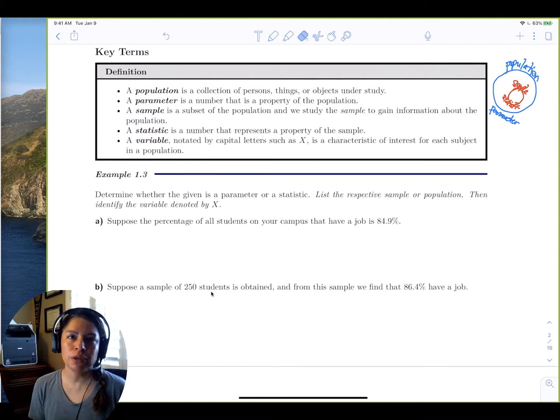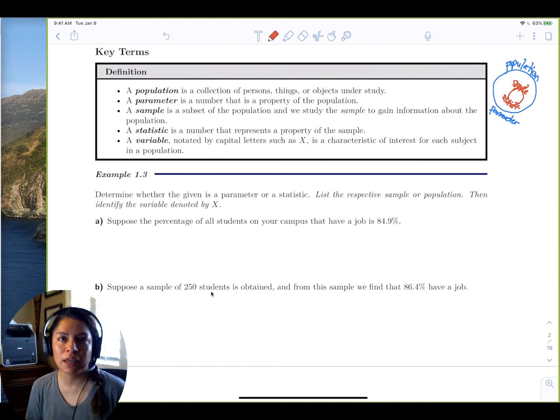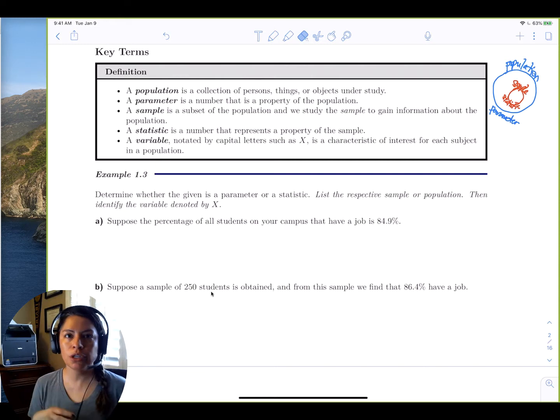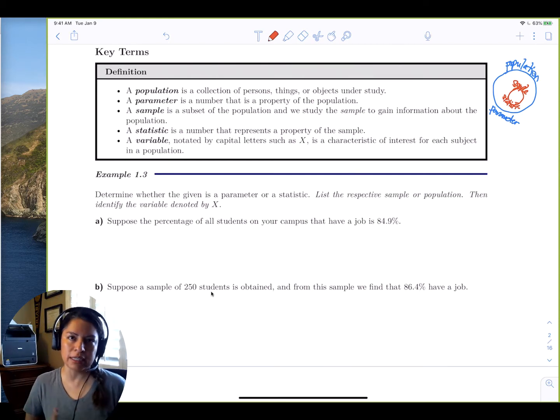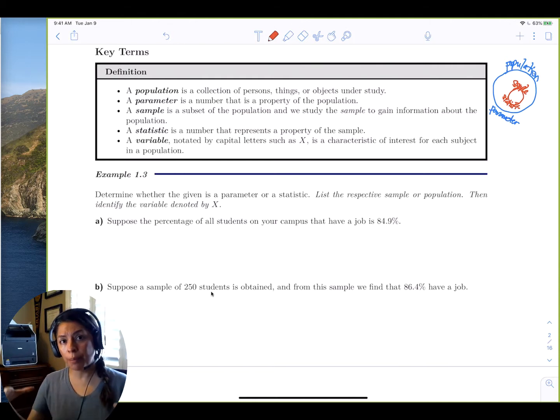But we don't really want it to be that specific. We don't want to only have cats that sleep 18 hours in Orange County, in the zip code 92869, right? We want to make a generalization for all cats all over the world that they sleep 18 hours. So it's really important we understand the difference between a population and a subset of the population, which is a sample.